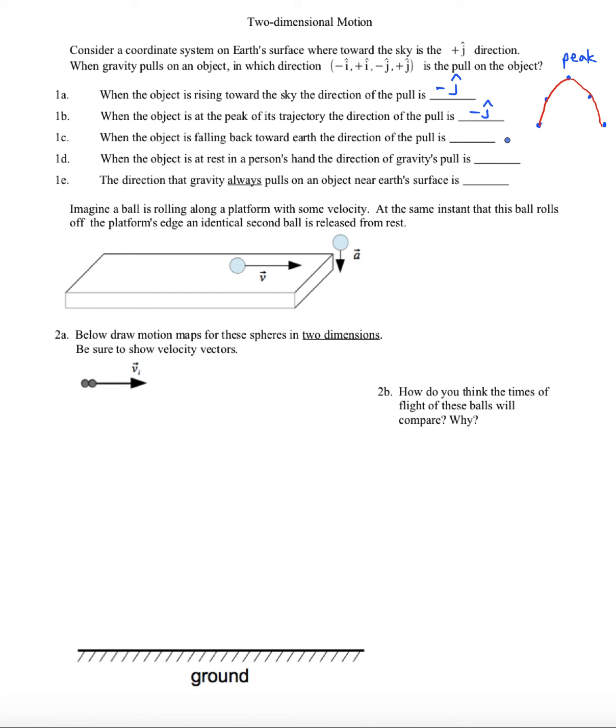What about when the object is falling back toward Earth? What's the direction of the pull then? Negative j-hat. What about if the person holds the object in their hand? Then the direction of the pull of gravity is negative j-hat.